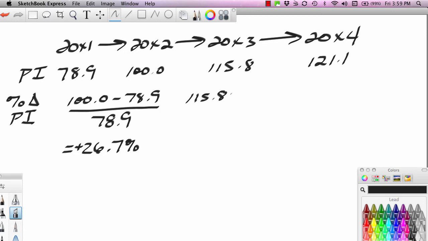115.8 minus 100, we're going between where? This calculation was between year 1 and year 2. Now we're going between year 2 and year 3. So I take 115.8, this is really P2, the new price.